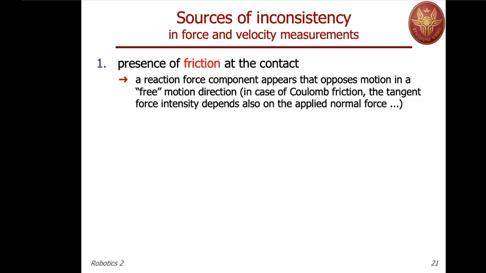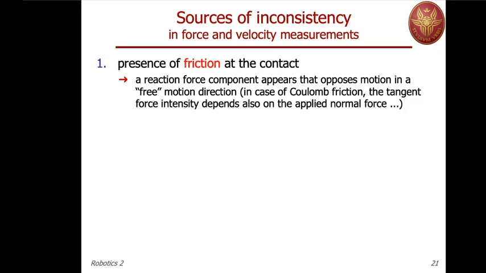By the way, there's another coupling effect here, because in case of a certain form of friction, like Coulomb friction, the force that opposes motion along the tangent, so on the plane, increases in intensity with the applied normal force. These two components should be, in fact, decoupled. There should be no force on the plane, and only force reacting from the environment along the normal to the plane.